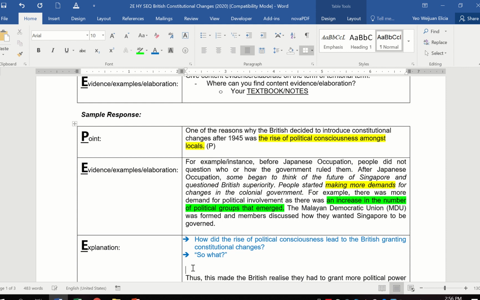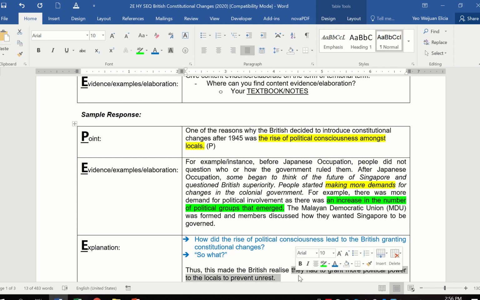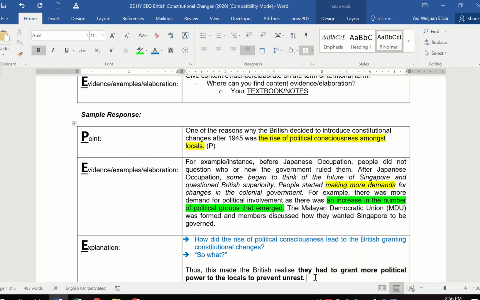Simply because when there was a rise in political consciousness, the British actually realized that they had to grant more political power to the locals to prevent unrest. Since the people were making more demands, the British realized that if they were to not give in to the demands, the people would actually create unrest in order to get their demands met.